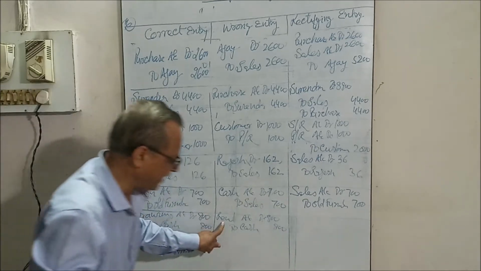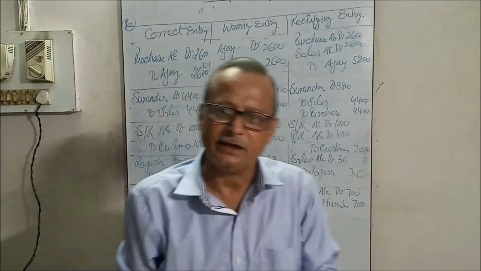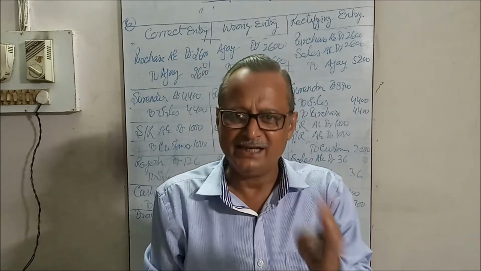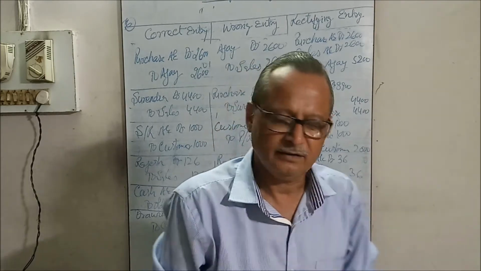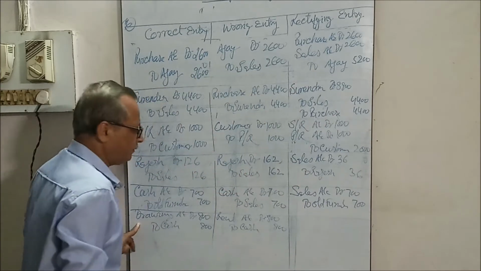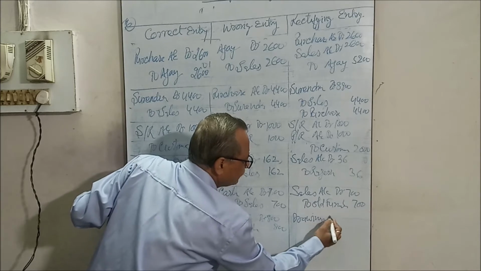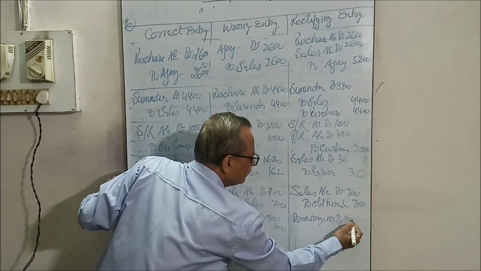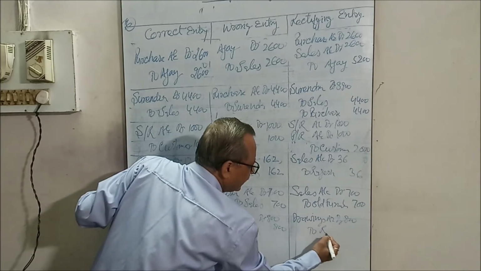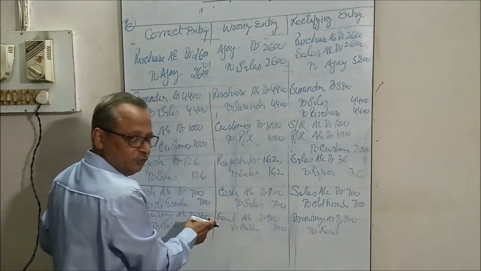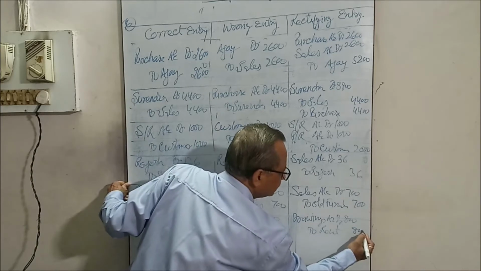If we write rent, this is related to the business, but for the personal residence, the rent paid is drawings of the proprietor. So drawings should be debited. Rent should not be debited, reverse it, remove the effect, 800.